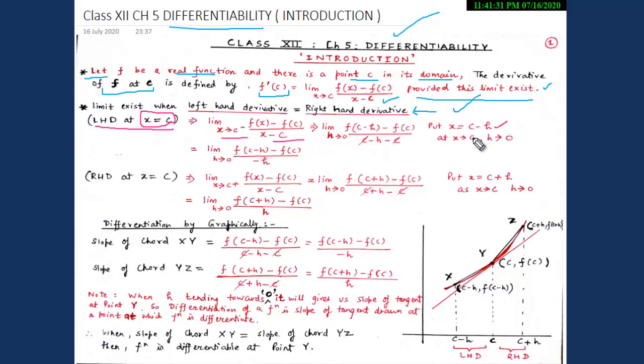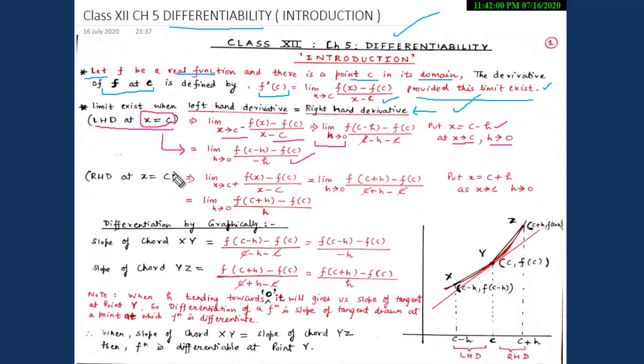As x tends to C, h approaches 0. Therefore, we can write this as limit h tends to 0 of f(C minus h) minus f(C) upon (C minus h) minus C. On solving it we get limit h tends to 0 of f(C minus h) minus f(C) upon minus h. So, this is our left hand derivative at x is equal to C.